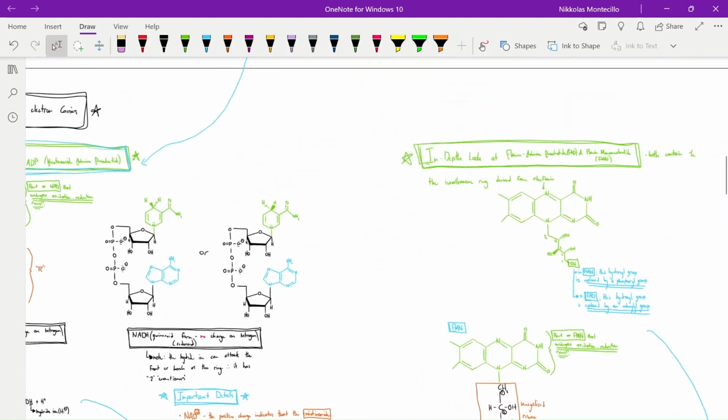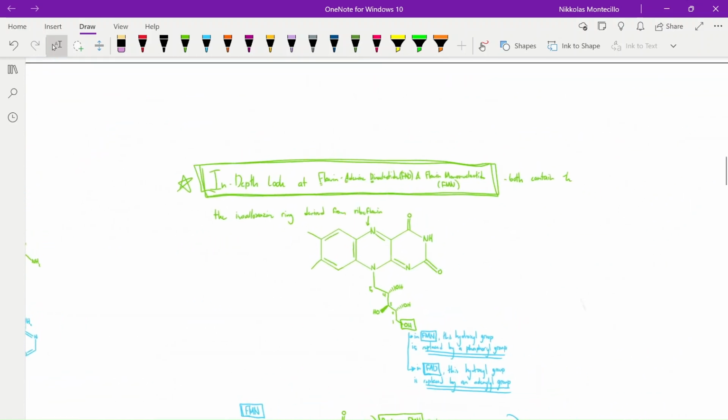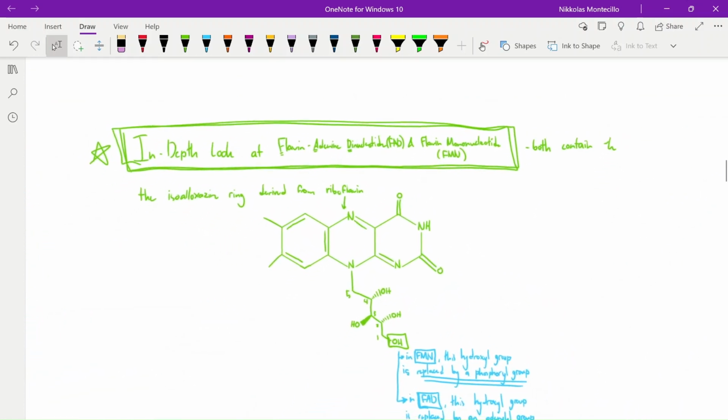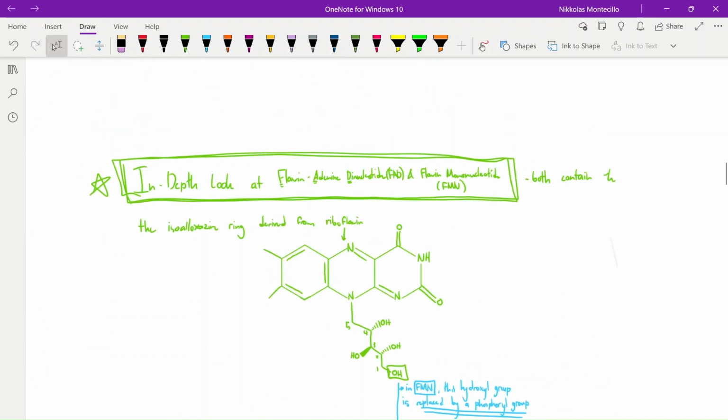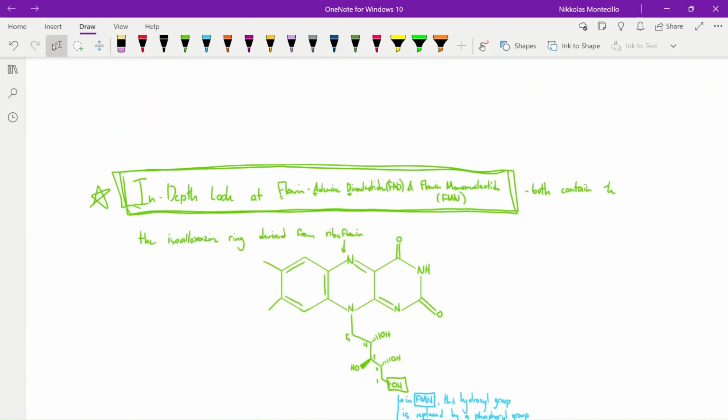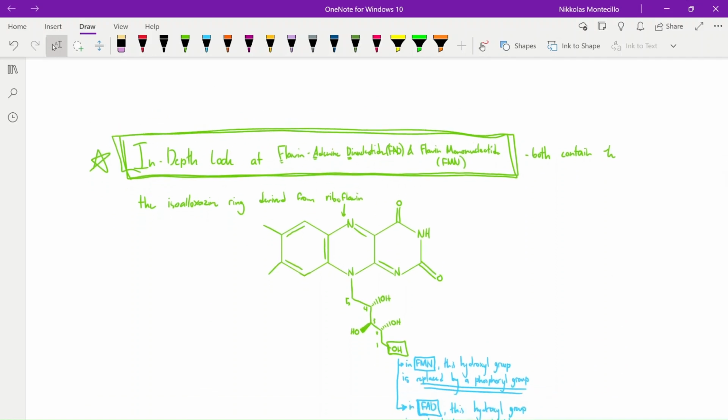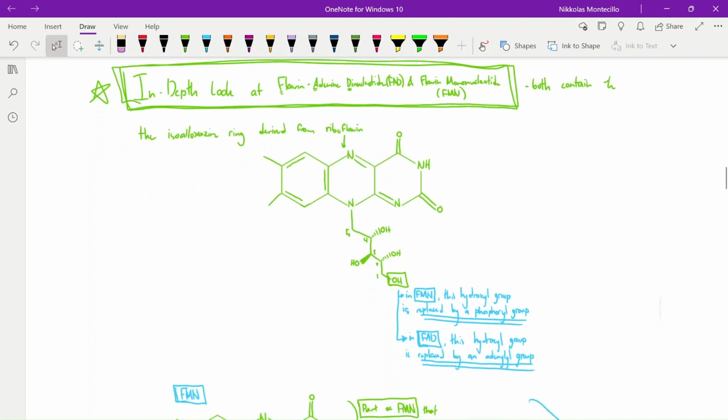There are other electron carriers. I want to take a look next at flavin adenine dinucleotide and flavin mononucleotide. They both contain what's called the isoalloxazine ring derived from riboflavin.